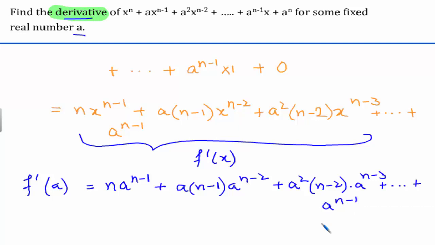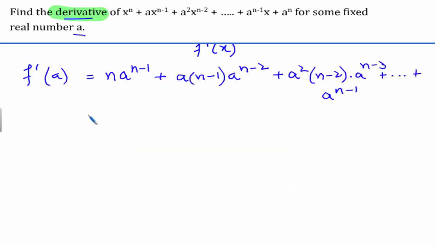Now this is further equal to n times a raised to the power n minus 1 plus (n minus 1) times a raised to the power, this is 1.